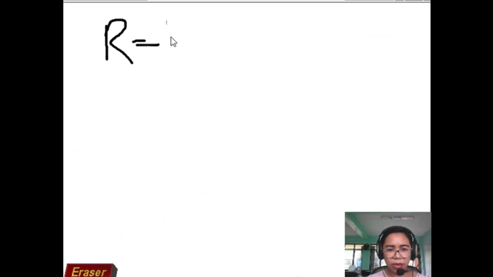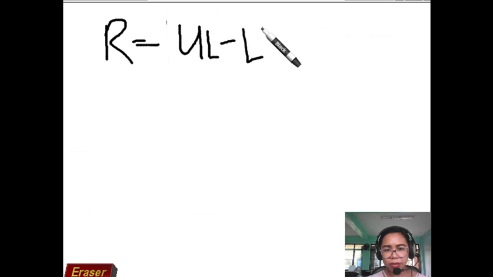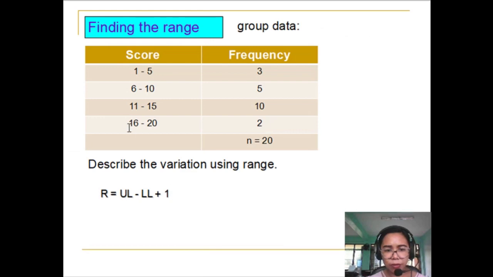We have it here, the upper limit, the lower limit, plus 1.